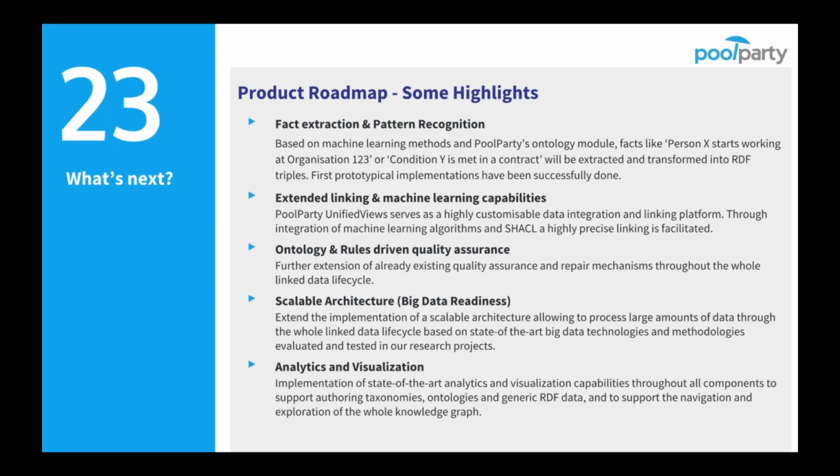So you might be asking yourself, what's next for PoolParty, seeing as we can do so much already and we fully support the linked data lifecycle. And now we want to look at things in our product roadmap where we can see things such as fact extraction and pattern recognition. So we've seen a very small demo where I showed you that we can use some regex parameters that can meet some specific conditions.